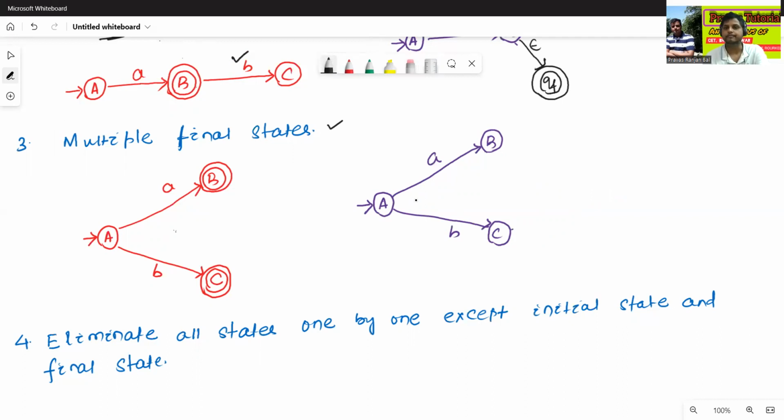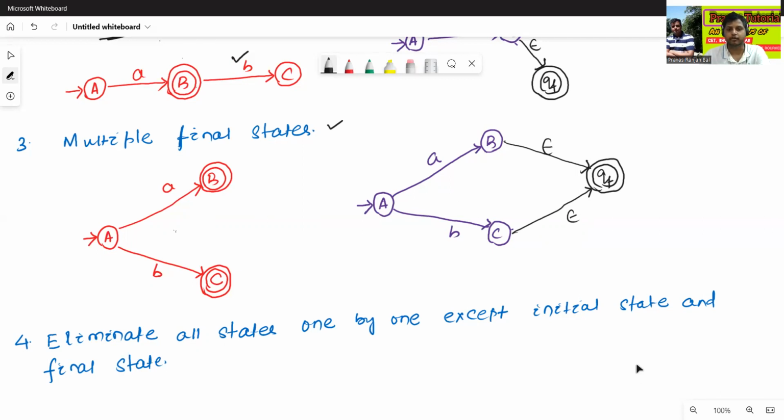Draw the same finite automata, A to B and A to C. Initially B and C were both final states, but here both are non-final states. Simply introduce one final state and join using epsilon. This is very simple.